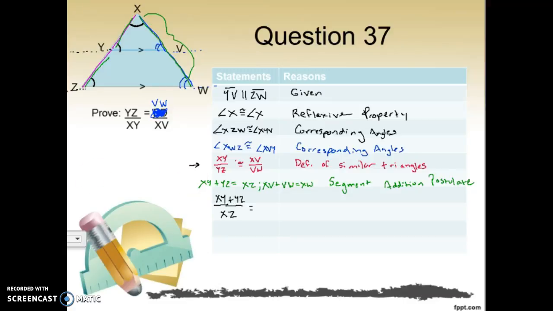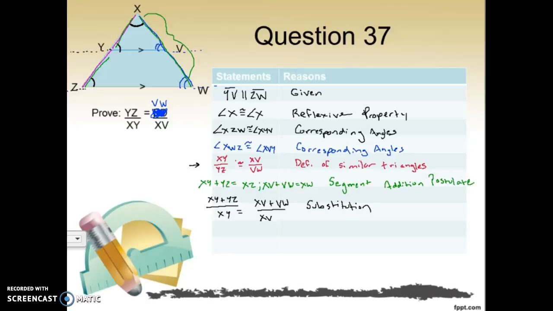Wait a minute, that's not what I'm trying to say here. Hang on just a second, let me erase this. All right, so what I'm going to do here is substitute: XY plus YZ over the part XY equals XV plus VW over the part XV. And so all I've done here is substitution.